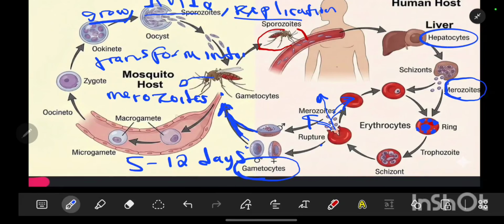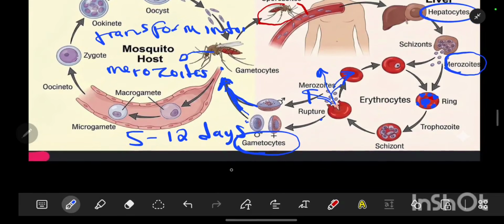In their body, the gametocyte will turn into the male and the female gametes.